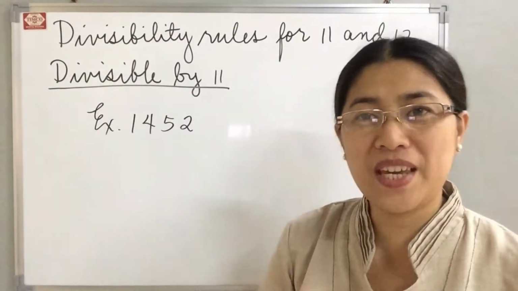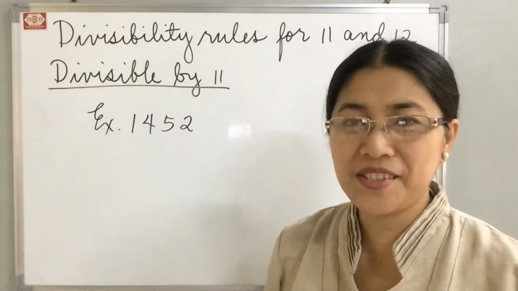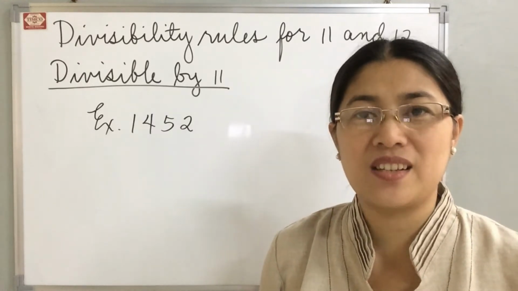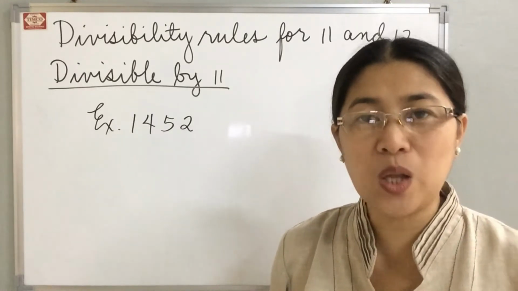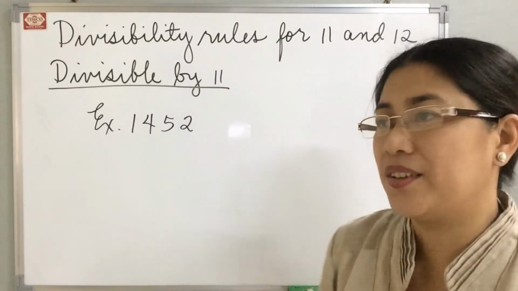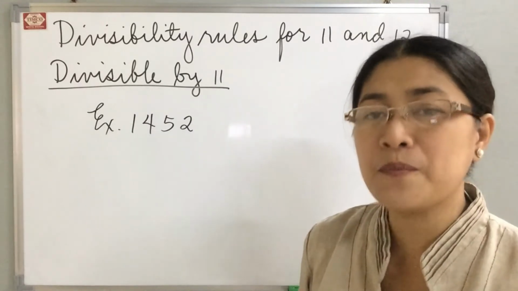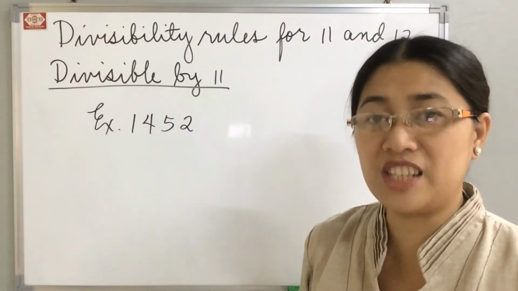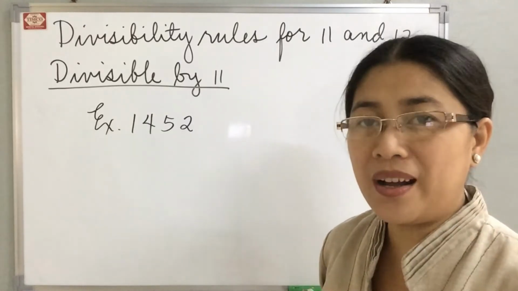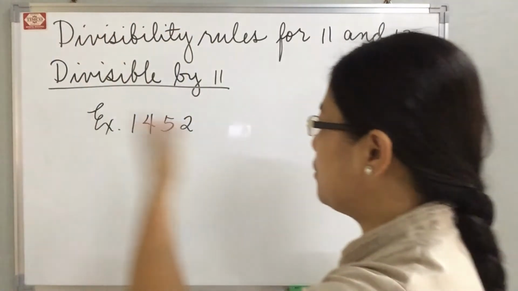So for example, we have 1,452. It says in our rule that we have to get the sum of all the digits at the odd places, followed by the sum of the digits in the even places. But before we can do that, let us first identify the digits in the odd places and even places by counting from left to right.